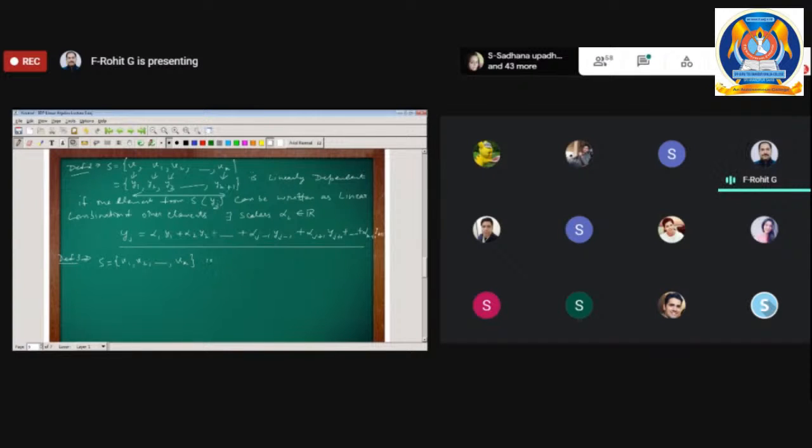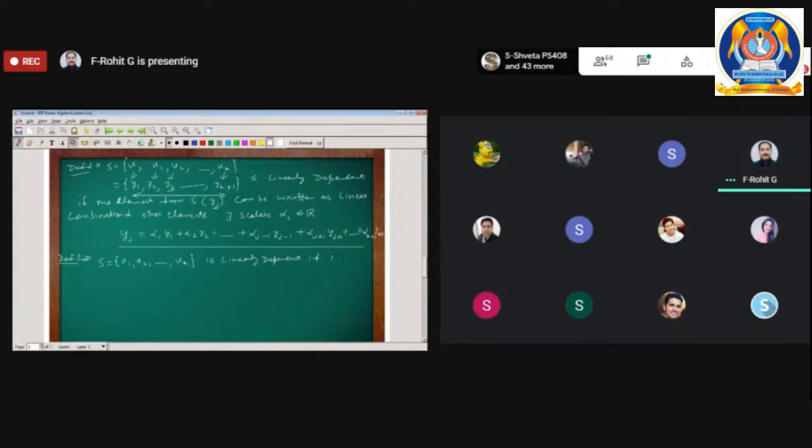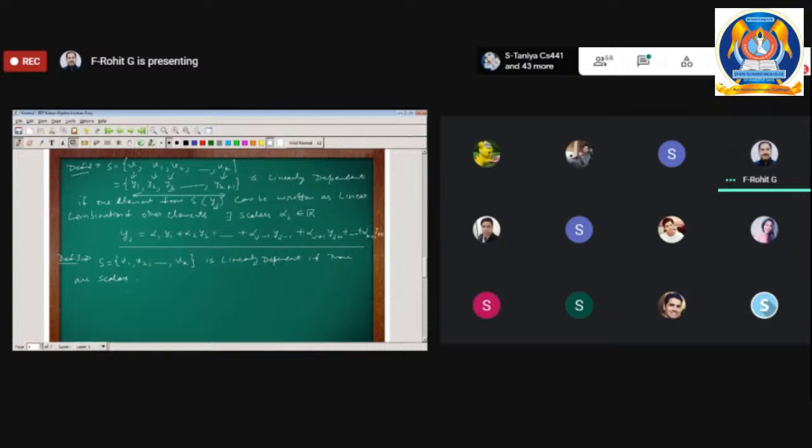I will say that this set is linearly dependent if there are scalars alpha i, i varies from 1 to k, not all 0, such that alpha 1 v1 plus alpha 2 v2 plus so on, alpha k vk is equal to 0.